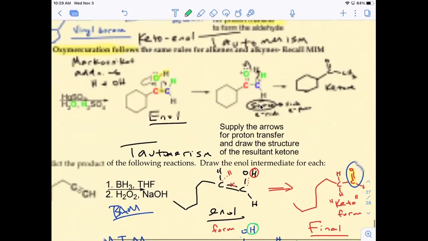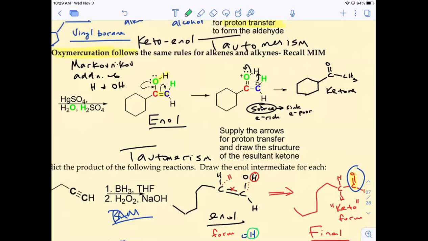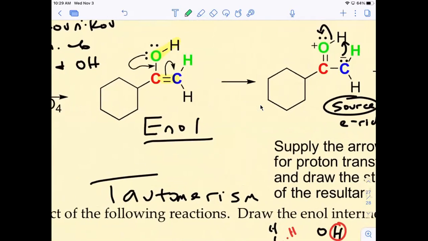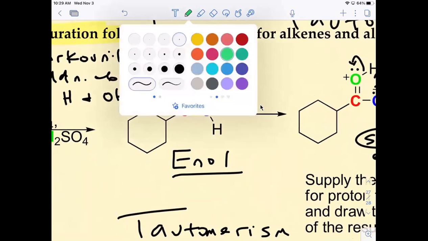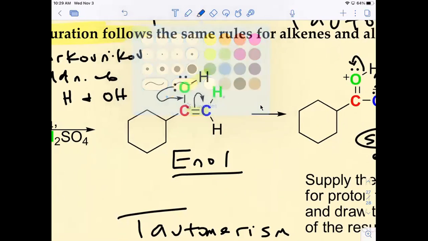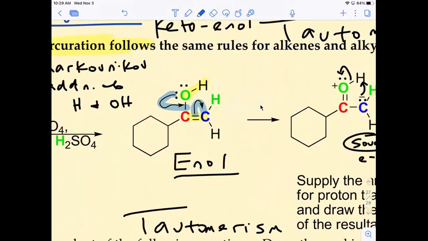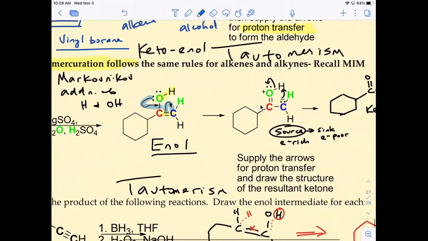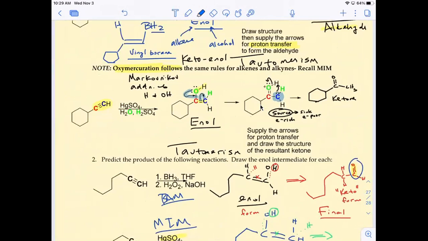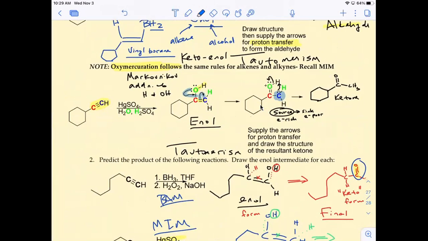If you get to the enol, you could just simply rearrange it by doing this. You're going to make a double bond here, you're going to break that, and then that carbanion that's here, you're going to use it to pull off the proton from the OH group. So you need to get some reps with that.